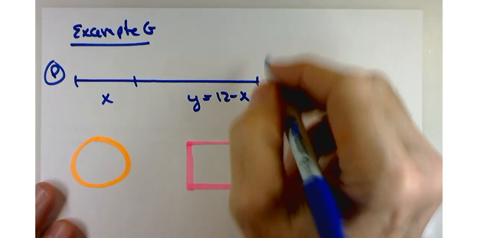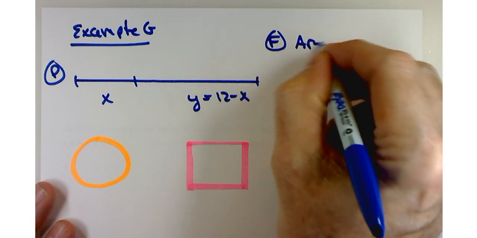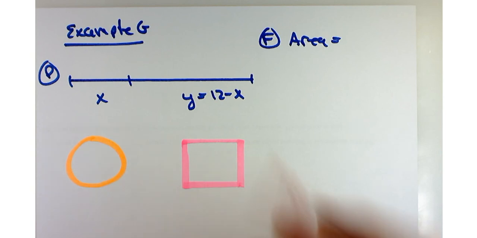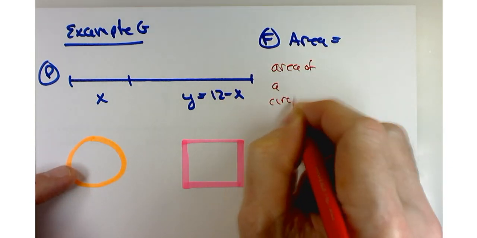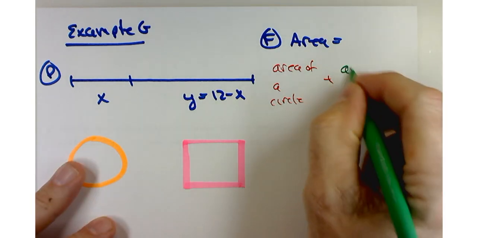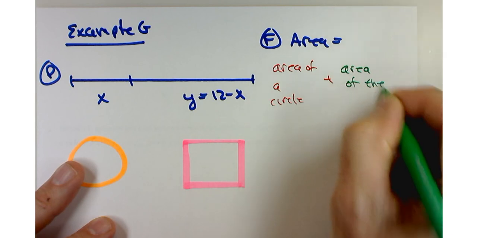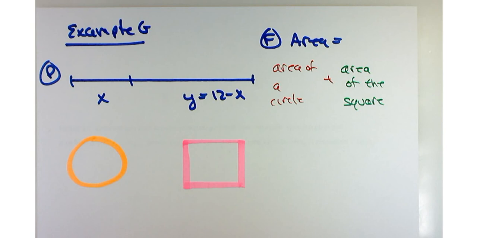So the function is going to be area equals, well, it has two parts to it, right? The area of a circle plus what else? Area of the square, right? Now I got to think a little bit about what I'm doing here.